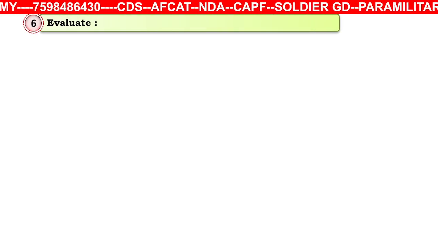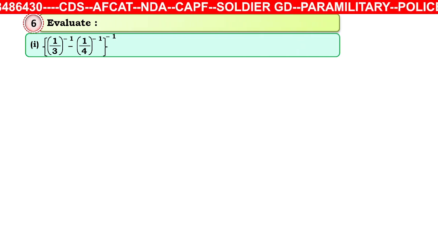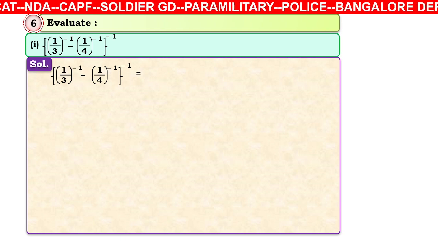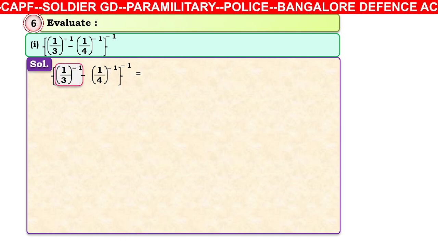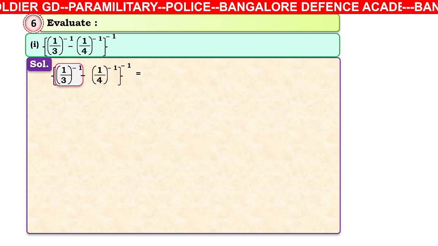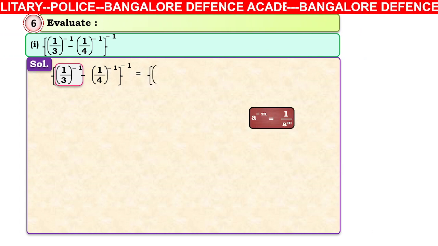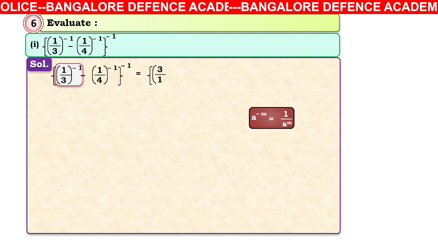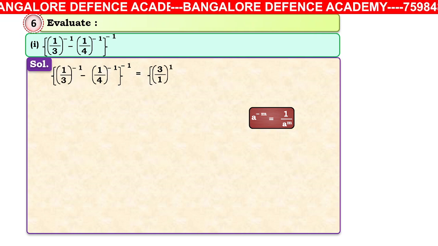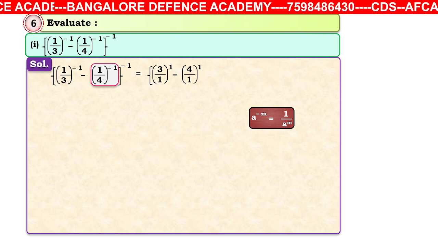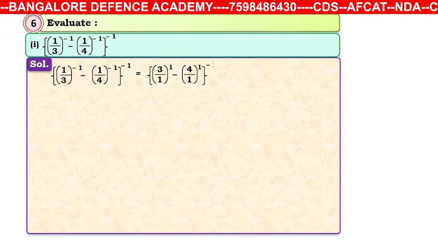So let us try to understand the next question. Evaluate. First we have to solve the large bracket, then we solve the other values. So look at this now. 1 by 3 to the power of minus 1 can simply be written as 3, just taking the reciprocal. Next, 1 by 4 to the power of minus 1 can be written as 4, just simply taking the reciprocal, and outside we have the power of minus 1.